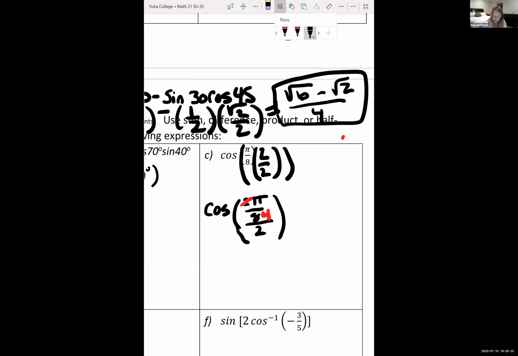And so we can use our half angle. Pi over 8 is in quadrant 1, so our half angle would have a positive in front of the square root. Cosine is the square root of 1 plus cosine of what you were taking the half angle of, which is pi over 4 in our case, all over 2.